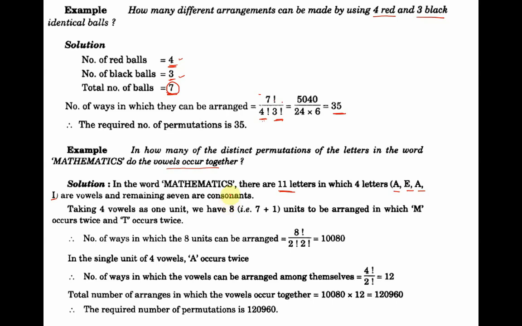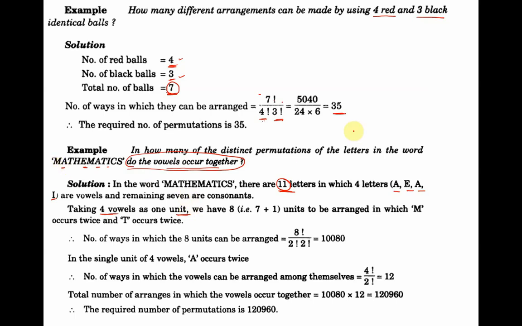So what do we do? We take the 4 vowels. It says vowels should occur together. Once again, that means the 4 vowels A, E, A and I can be taken as a unit. So total number of letters are 11, out of which 4 vowels are taken as a unit. How many letters remain?